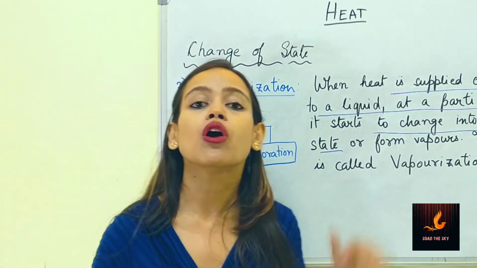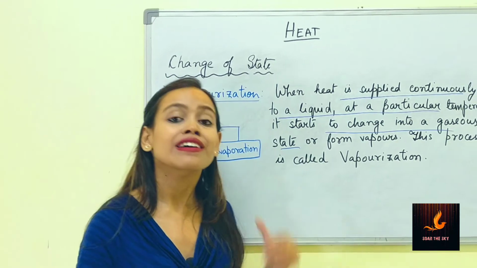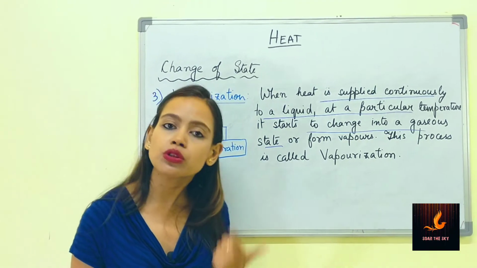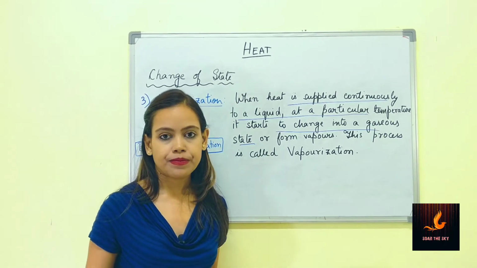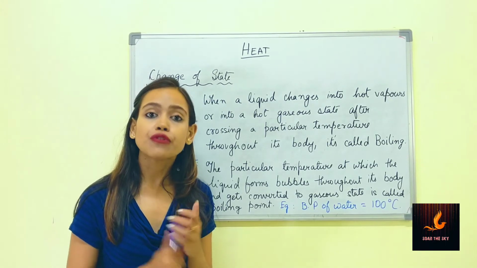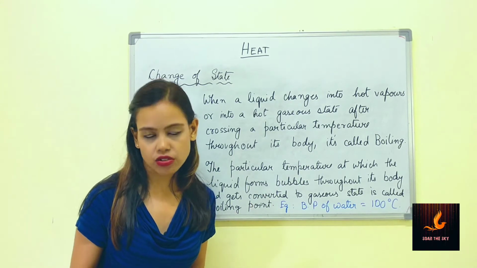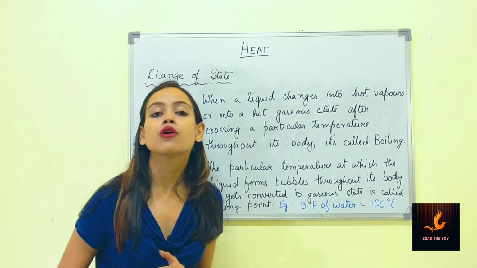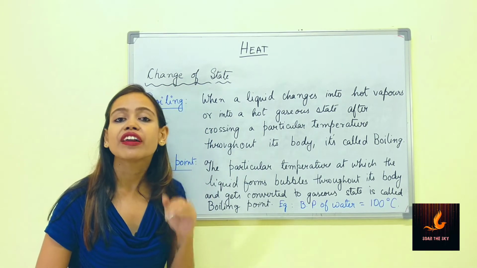Now let's see what these are and what the differences between these two processes are, when both of them convert a liquid to its gaseous state. The first form of the conversion of a liquid into its gaseous state, that is the first form of vaporization, is boiling. Now listen very carefully.